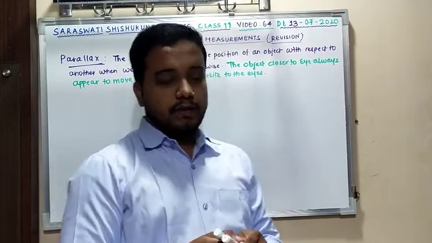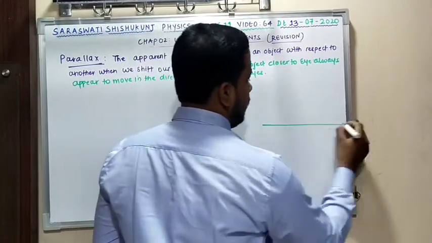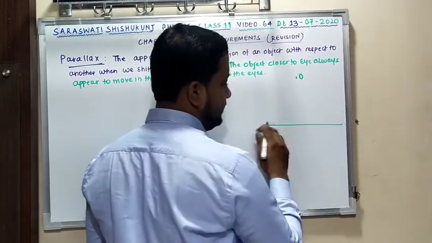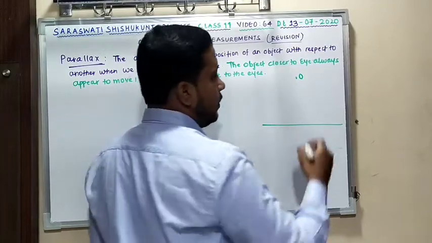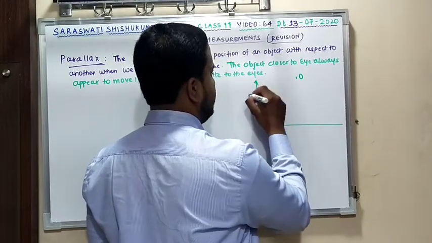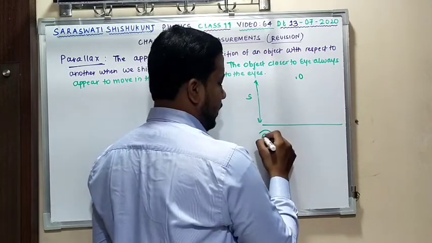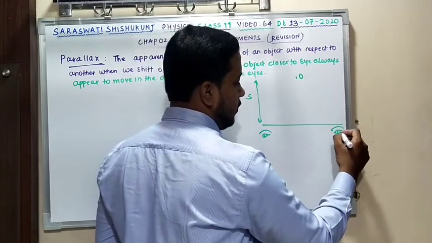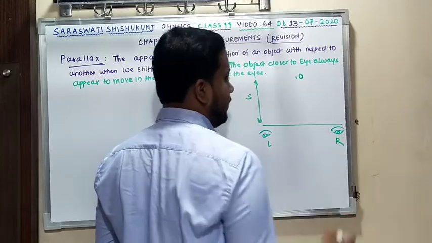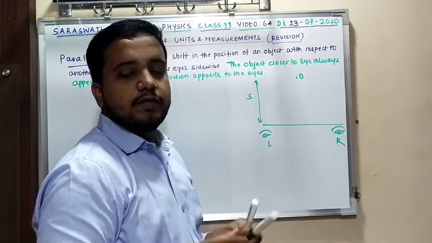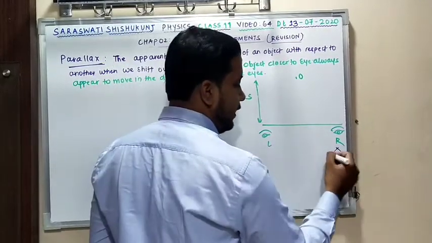Now I am giving you the experiment again. Hold an object in front of your eyes at a distance S. There are two eyes. This is the left and this is your right. First try to close your right eye and see with the left.